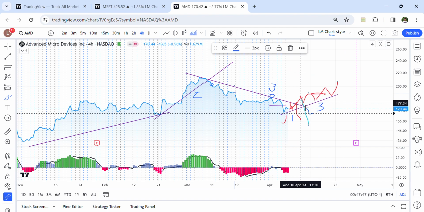So whenever an uptrend comes back, when this trend line is broken, means AMD is able to sustain at 183 and above, and doesn't come back below 176. 176 would be your current trend line within like 4 hours.